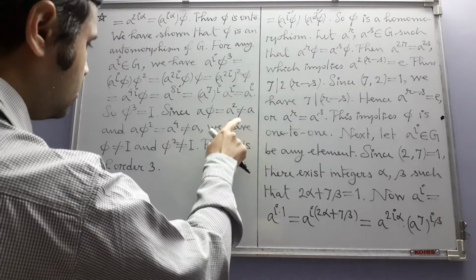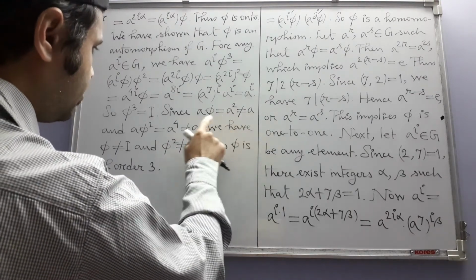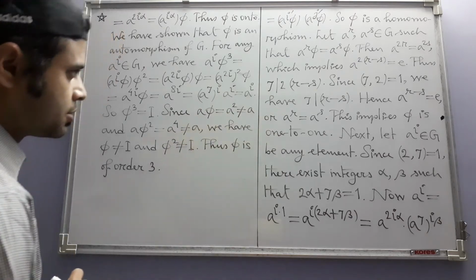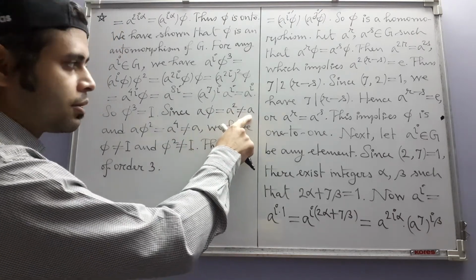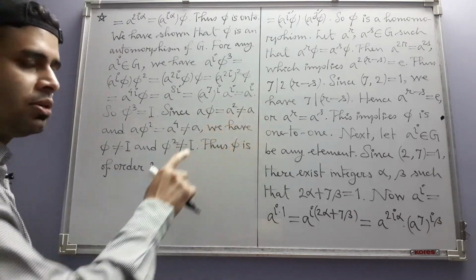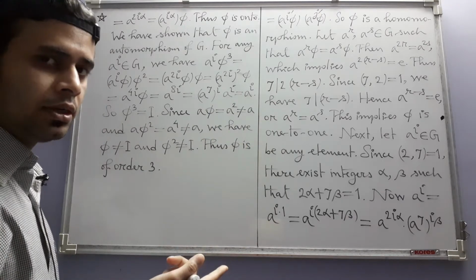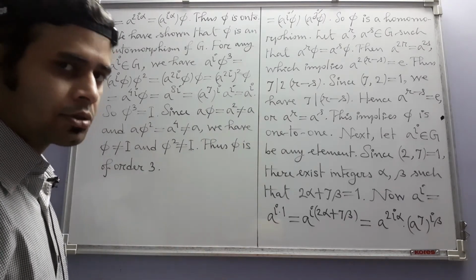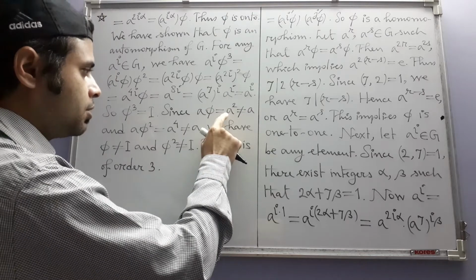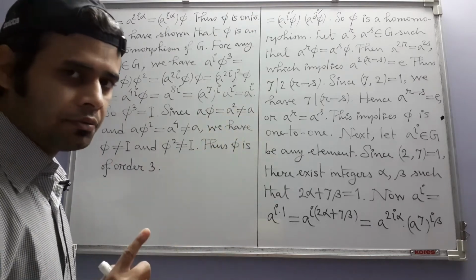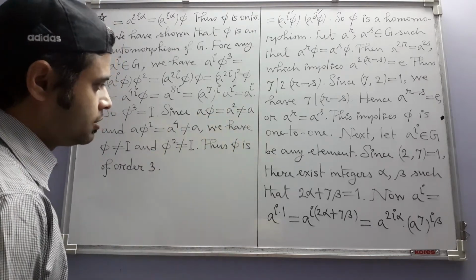And do you understand why we have these non-equalities? These two are not equal because had they been equal, A would have been equal to the identity, which is not true, because the identity has order 1 whereas A has order 7.